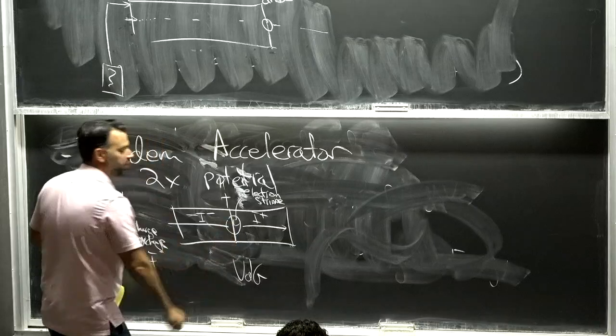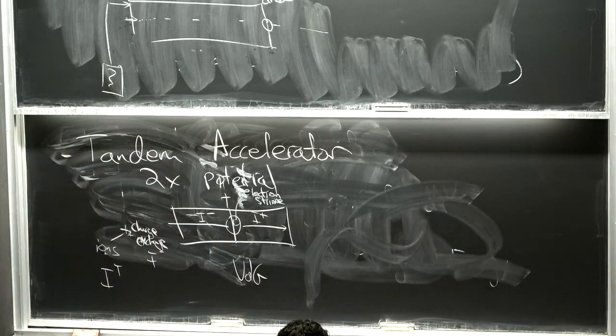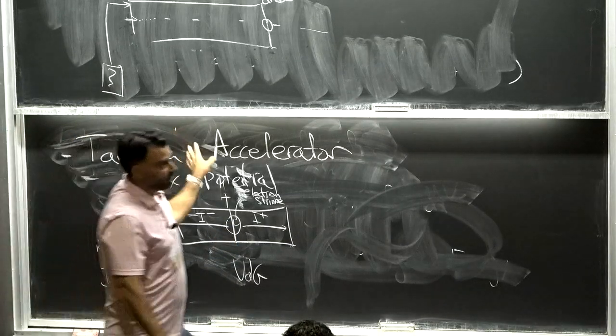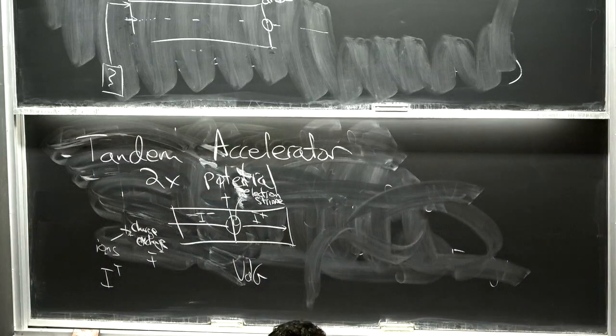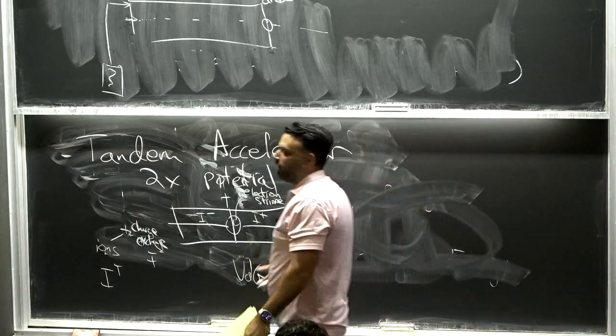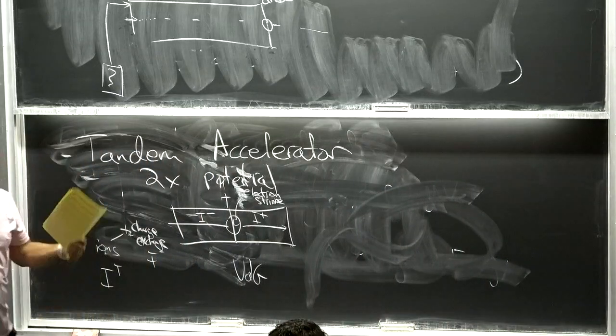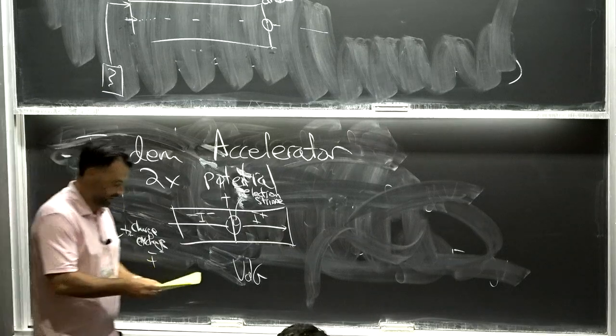You have I minus here and I plus here. Okay? And these are actually used. This is an example of a Van de Graaff tandem accelerator that was sitting in the basement of Stony Brook until about 2011. Remnants of it still exist because we have to do something else. But these are used kind of as a first step to getting megavolt potentials that you can accelerate through.